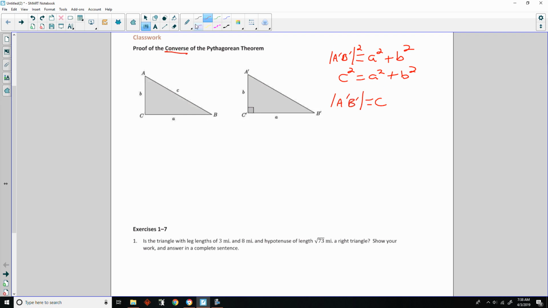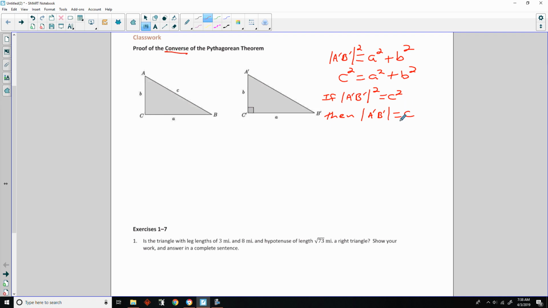So maybe I should just say that, not skip steps. So if the length of A prime B prime squared equals c squared, then the length of A prime B prime equals c, by taking the square root of both sides.